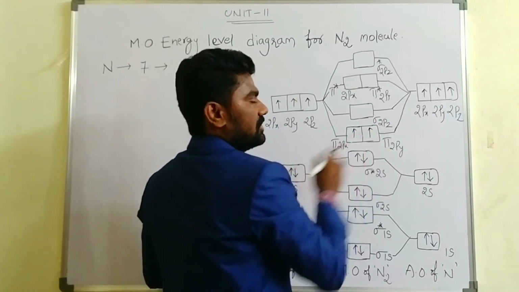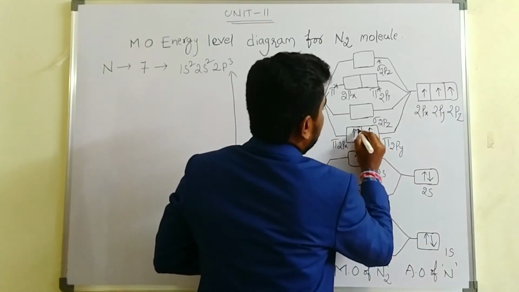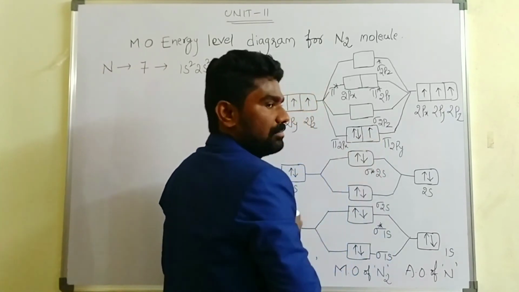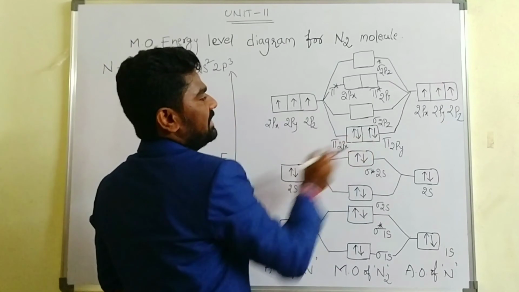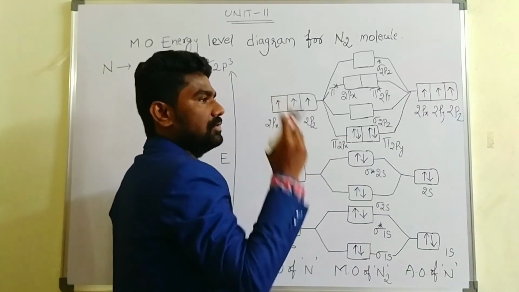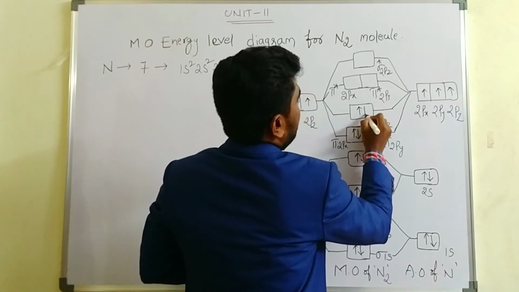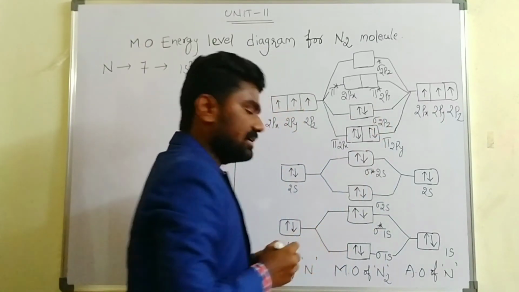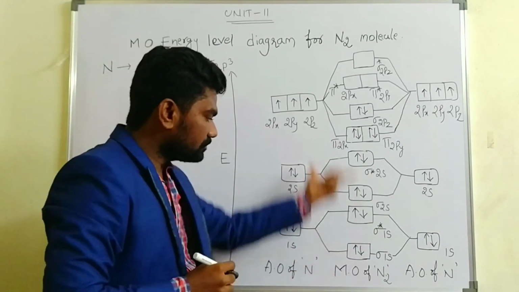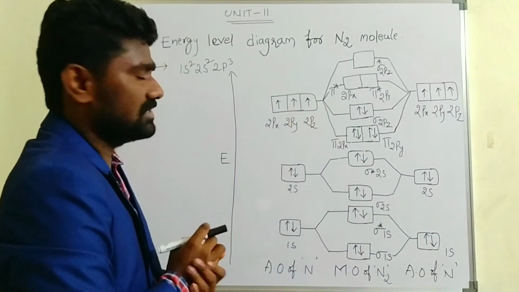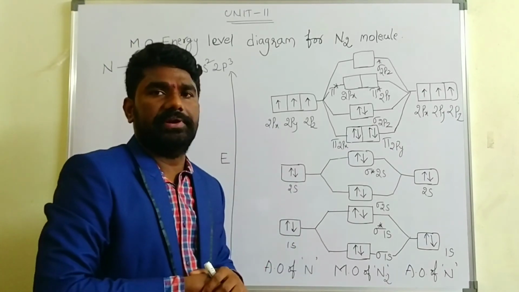After filling each orbital with 1 electron, then it is going to pair up. Total 4 completed here. Remaining we have 2 electrons.